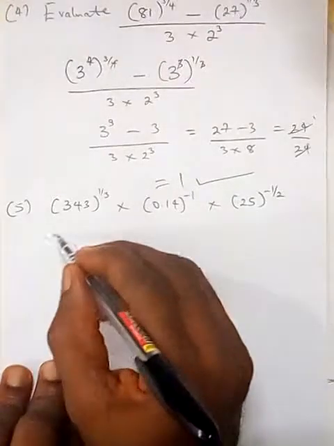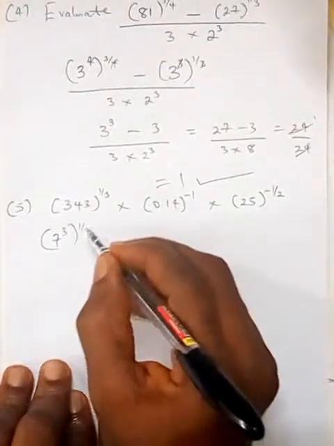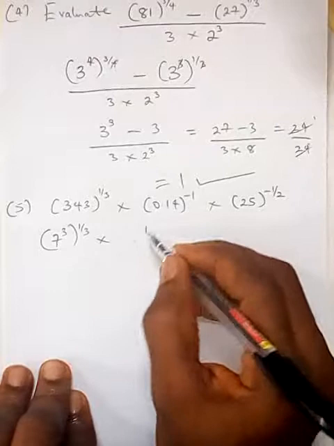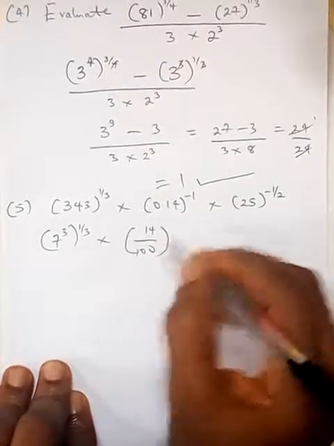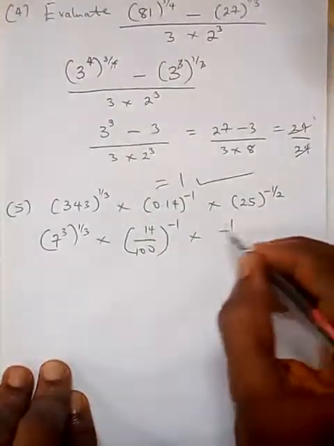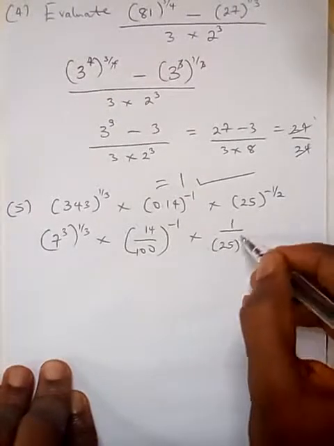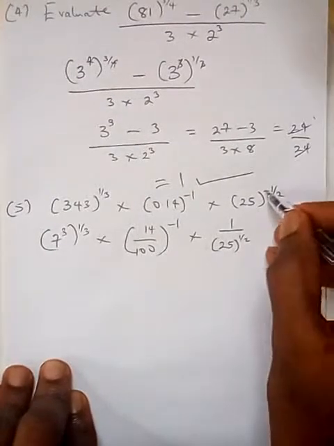Okay, so we'll take this to be 7 raised to power 3 raised to power 1 over 3 times this is 14 over 100 raised to power minus 1 times this is 1 over 25 raised to power 1 over 2, 1 over because of this minus here.